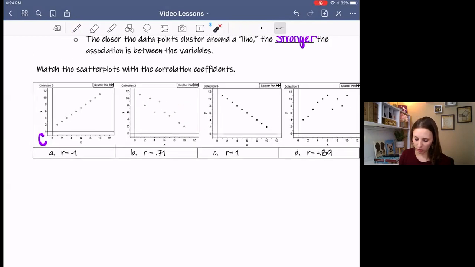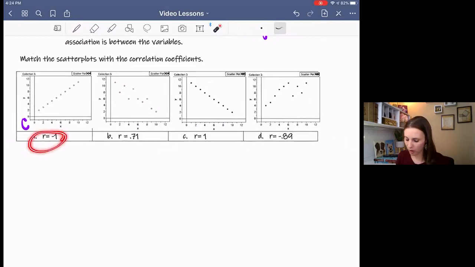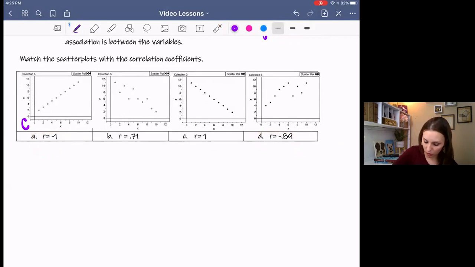And if you look at the two negative choices, we have -1 and -0.89. This one is going to be leaning more towards -0.89, because while it's a very strong linear pattern, it's not quite -1. But the next one, we could say with confidence, that is a very strong linear pattern. So that's going to be A.